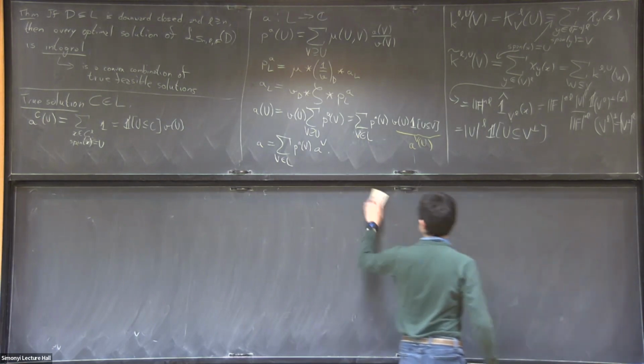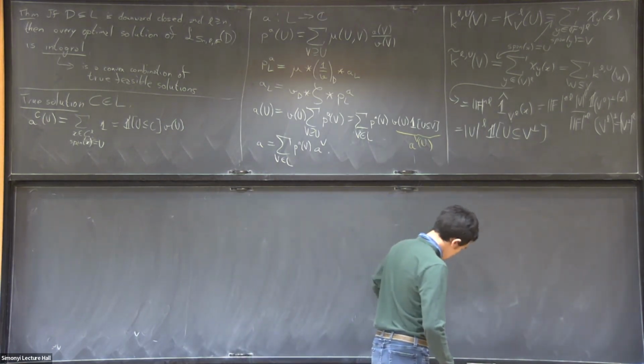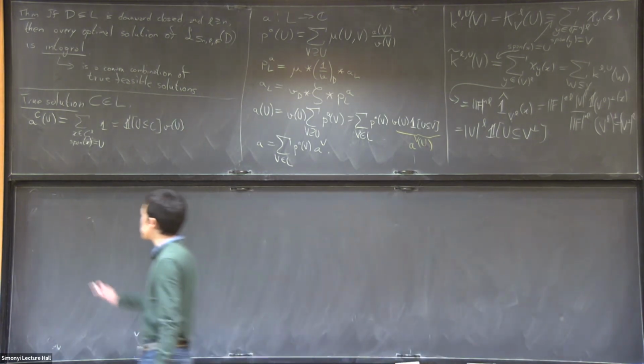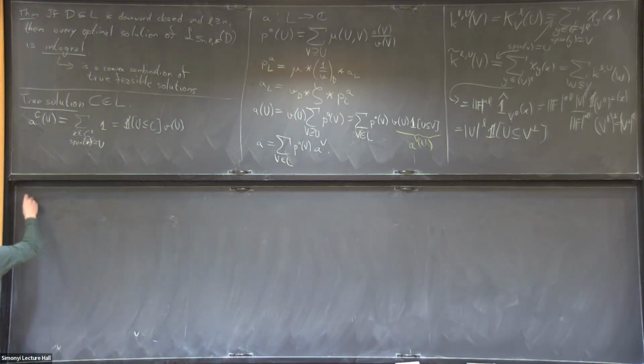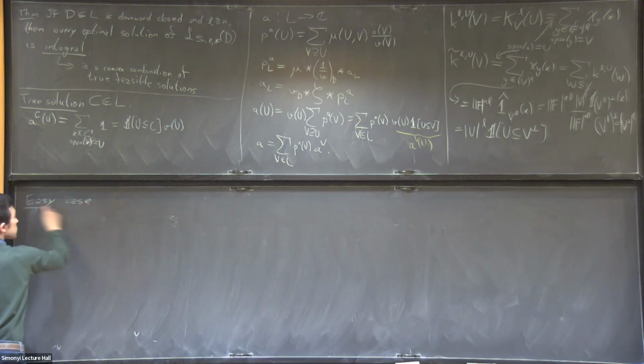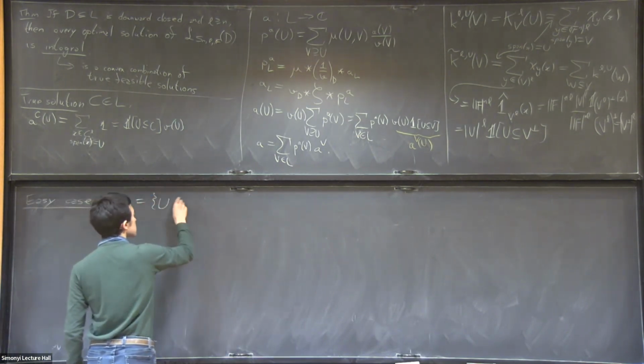So the first observation is that you can do an easier case. So I'm going to do the easy case first, but the hard case is just easy case plus a very simple step.